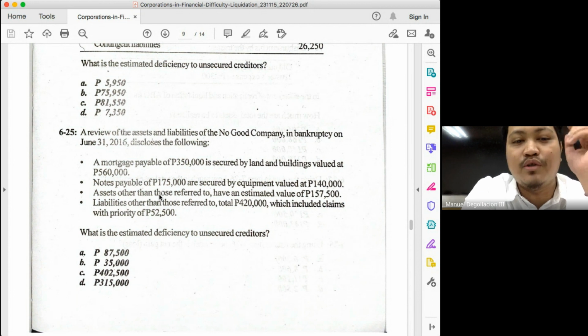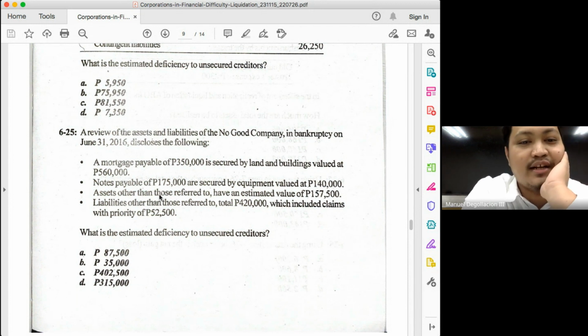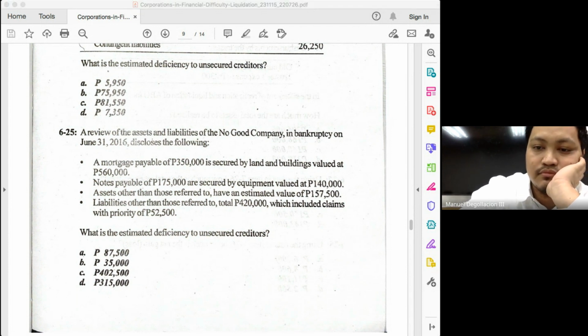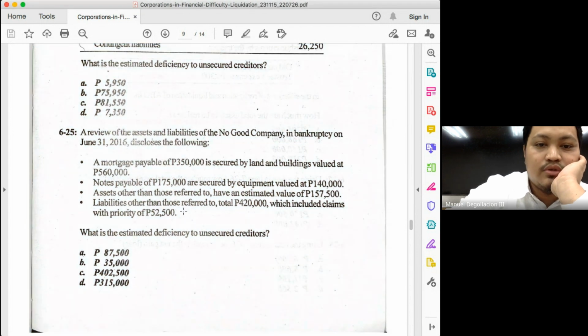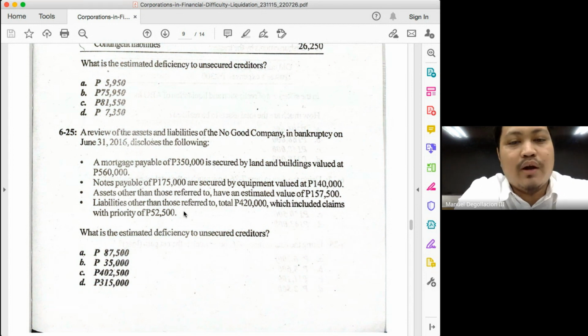Assets other than those referred to have an estimated value of 157,500. So that would be another asset. And the last bullet, class, liabilities other than those referred to, total 420, which included claims with priority of 52,500. So only bullets 1, 2, and 3 give us our assets.